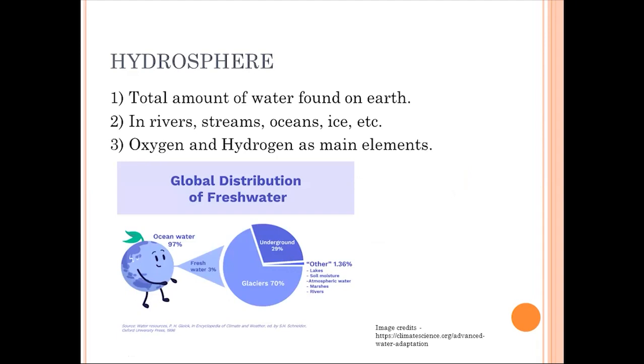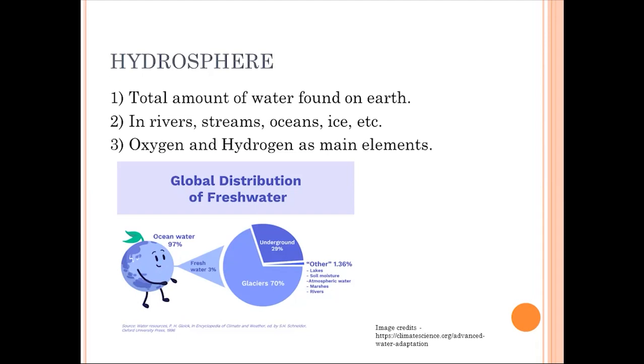Now this water exists as salt water and fresh water. Salt water, you all know, is in oceans and seas, and fresh water is in the form of rivers, streams, and also ice.